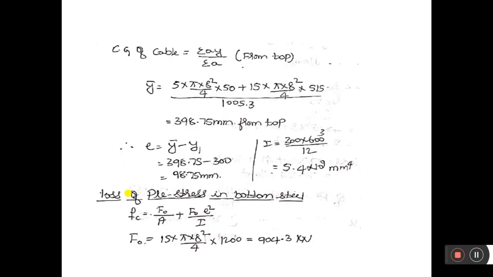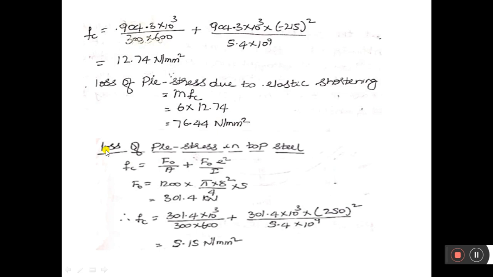Here we have taken the cross section area of the bottom cable because we were calculating the losses of prestress in the bottom steel. So with the bottom steel area and stress of 1200, we get the prestressing force applied F naught in the bottom steel. So 76.44 Newton per mm square is the loss of prestress in the bottom steel.